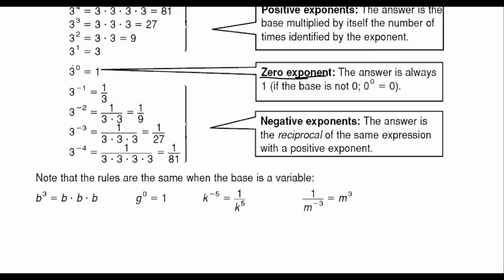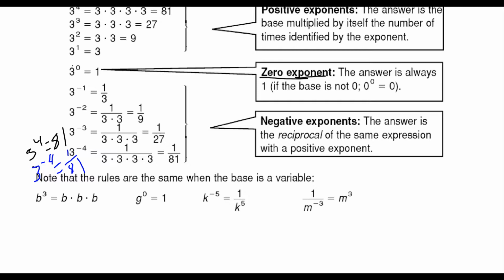Okay, when it says reciprocal, that just means that you're going to put that under 1. Okay, so 3 to the 4th equals 81. Okay, 3 to the negative 4th, though, equals 1 over 81. Okay, that negative right there makes things go under the division bar.